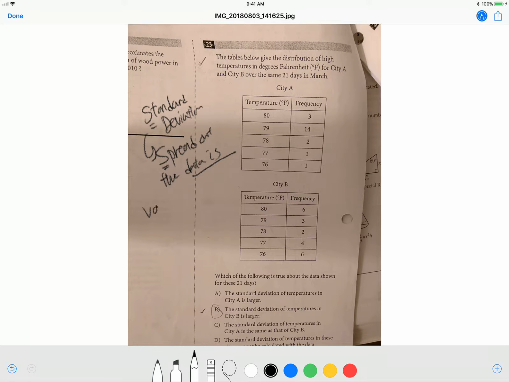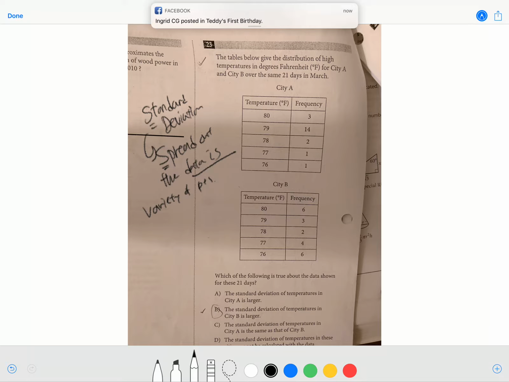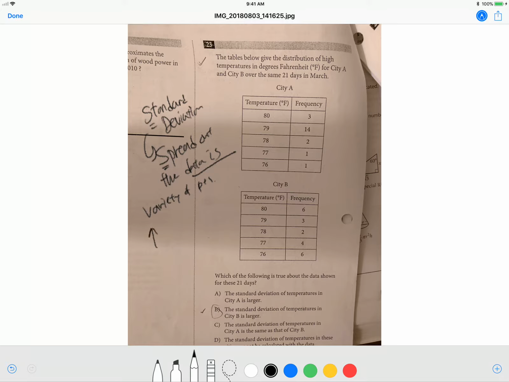It means how much variety of points, how much it varies in the data points. So the more spread out the data is, the higher the standard deviation. And vice versa, it will give you a lower standard deviation if it's less spread out.